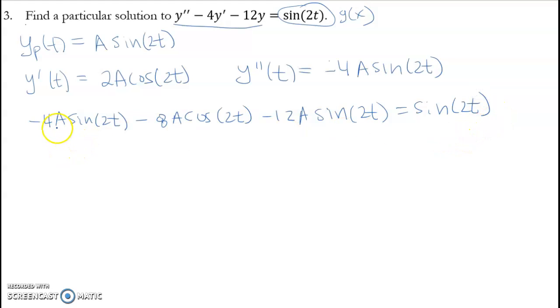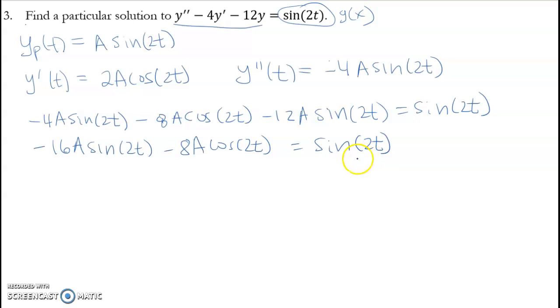Just getting the like terms together, we have -16a sine of 2t minus 8a cosine of 2t. That should equal sine of 2t. From here, -16a should equal 1, because that's the constant in front of the right-hand side.